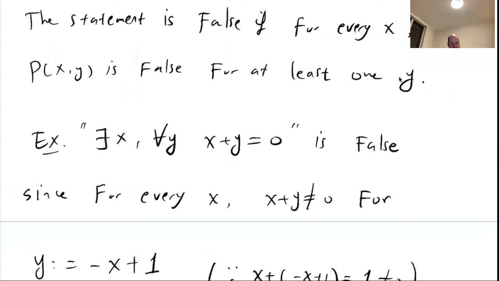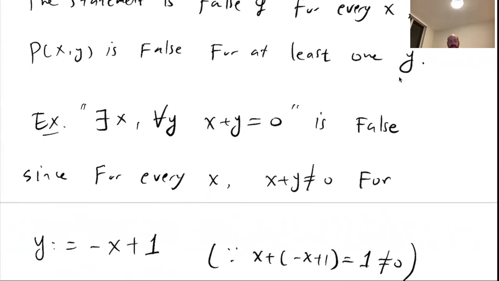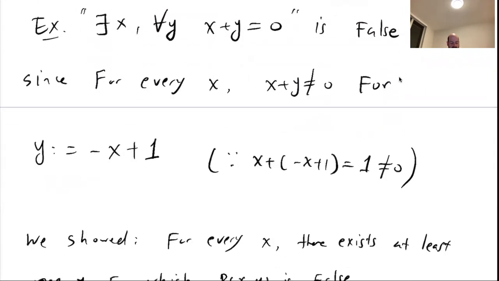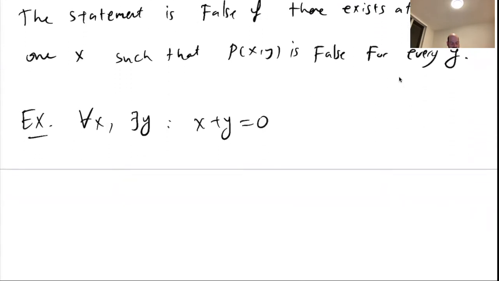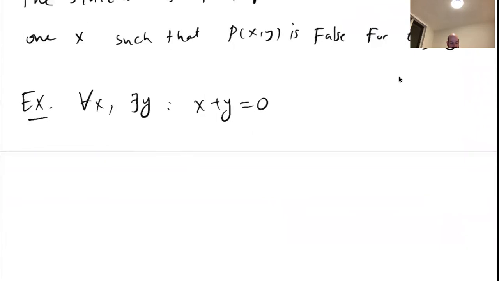This was false. Now this time we are interchanging the existential with the universal quantifier. So instead of saying there exists x for each y, we are saying for each x, there exists y such that x plus y is 0. So this one is true.